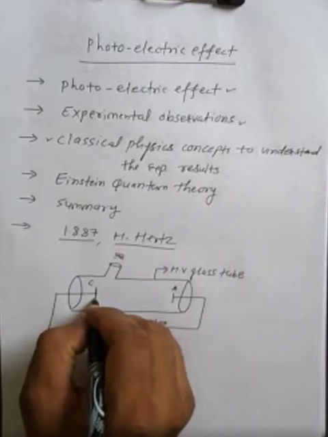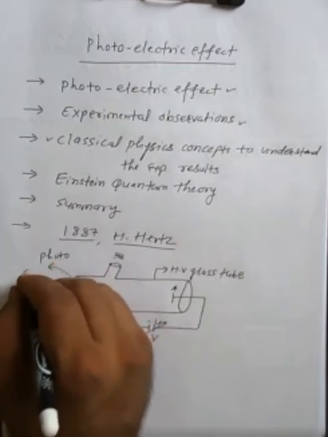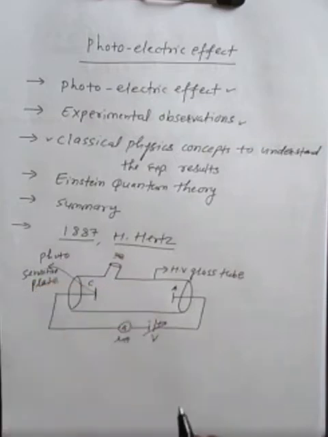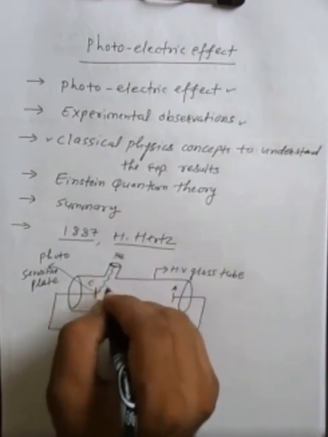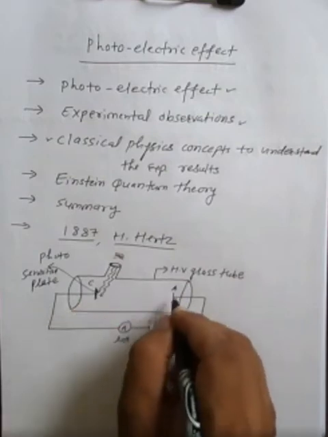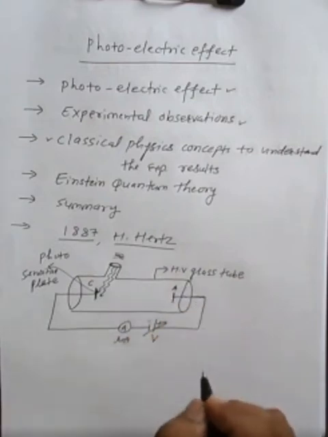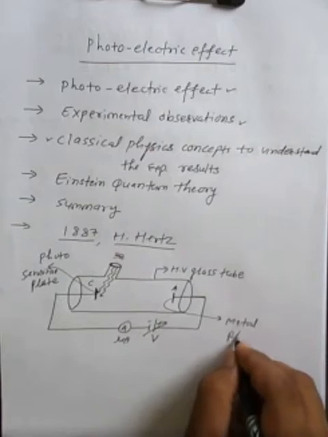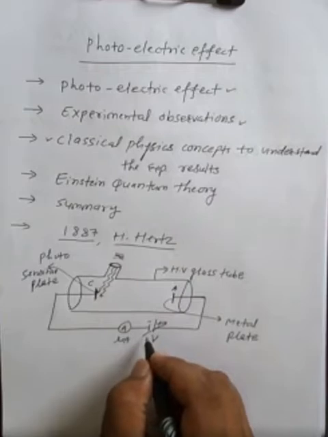This is the photosensitive plate. This is a glass window to illuminate the photosensitive plate by the light. And this is another metal electrode or metal plate to collect the electrons. And this is the emitter, and then this is the DC voltage source.